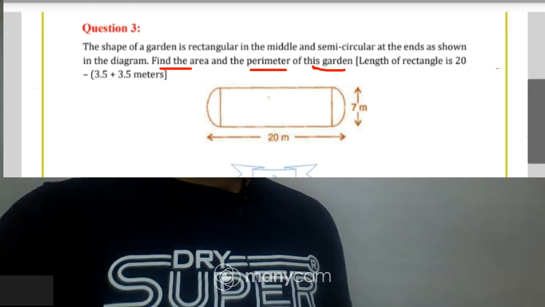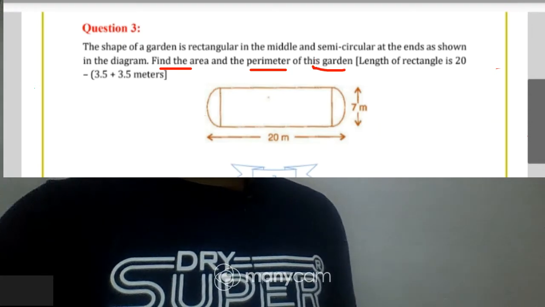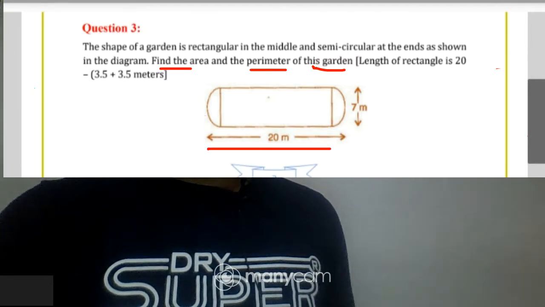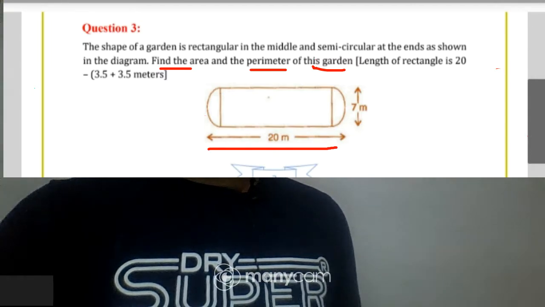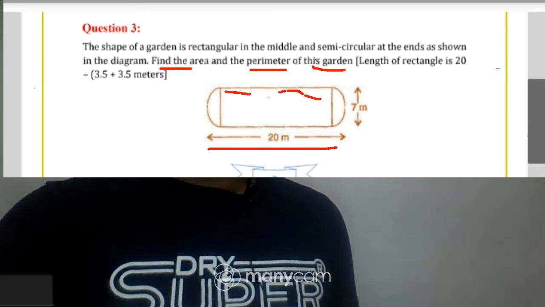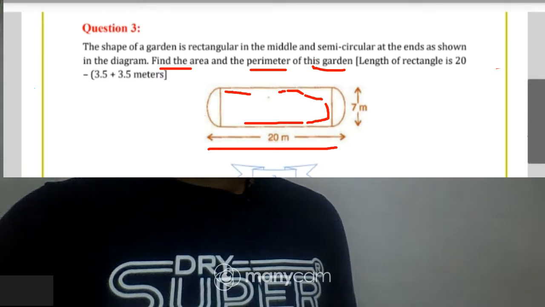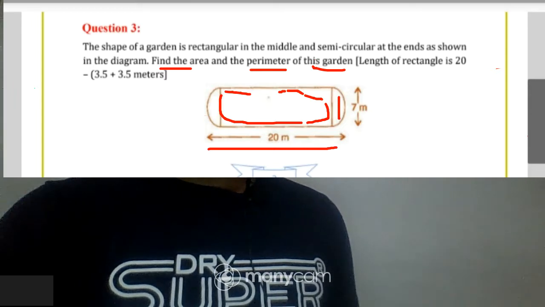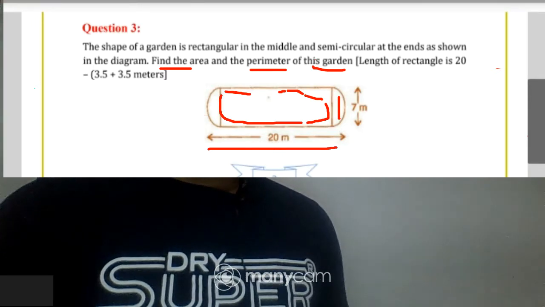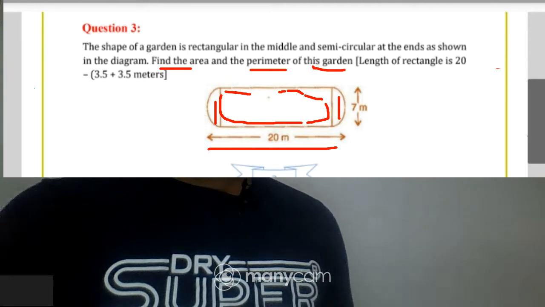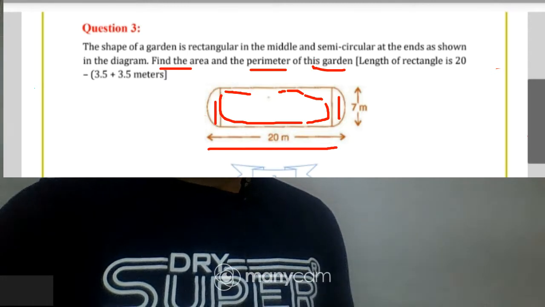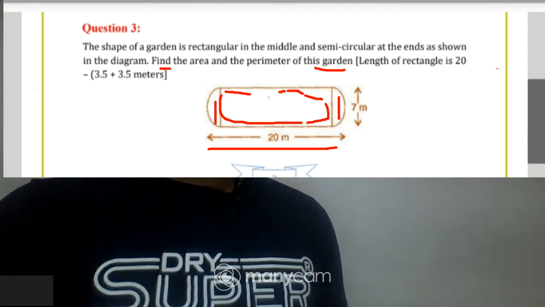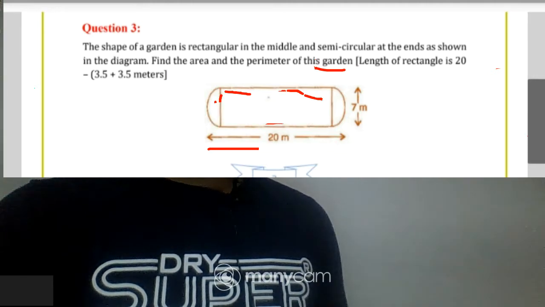Find the area and the perimeter of this diagram. Here you can see the length of the garden is given. This part is the rectangular part and this part is a semicircle.